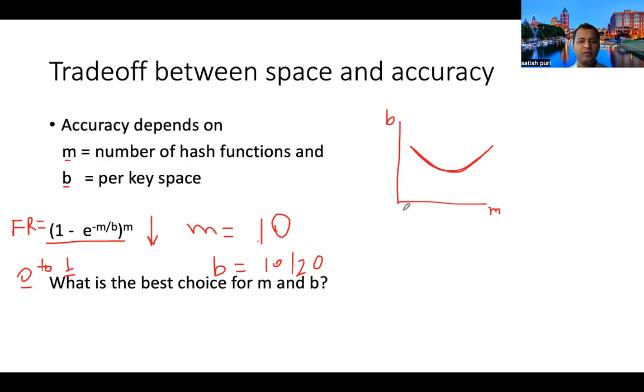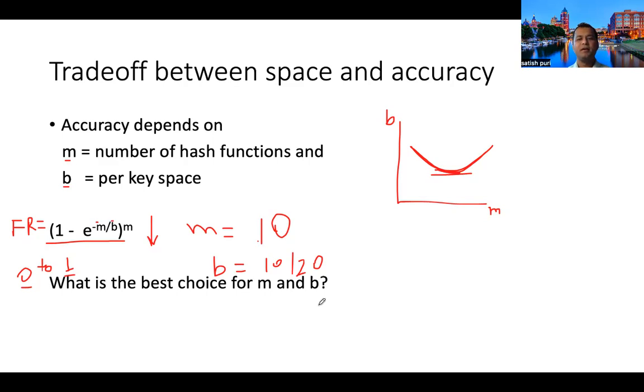So using calculus, we can reason about what the ideal values for m and b are, so that you get to the minima. In particular, differentiating this function, setting that to 0 and solving it, and taking the second derivative also. So using calculus, we can solve this and get our answer for the best choice for m and b.